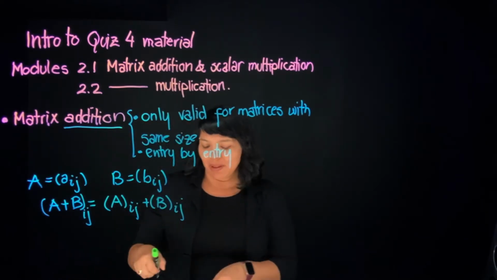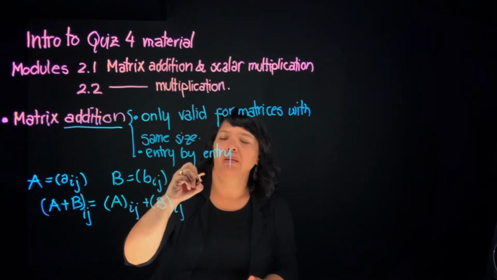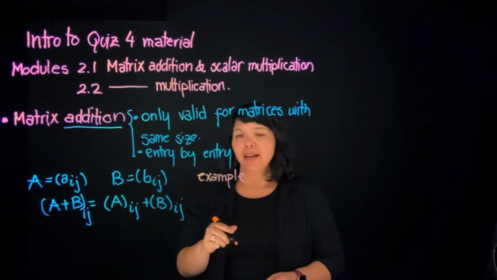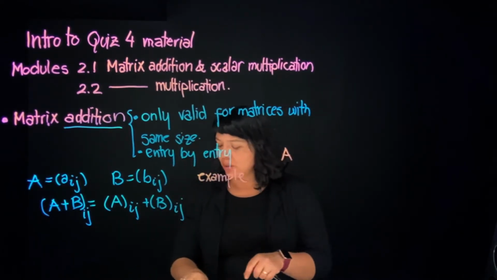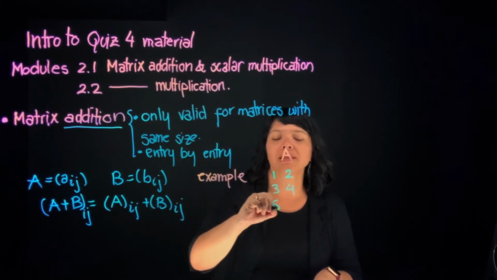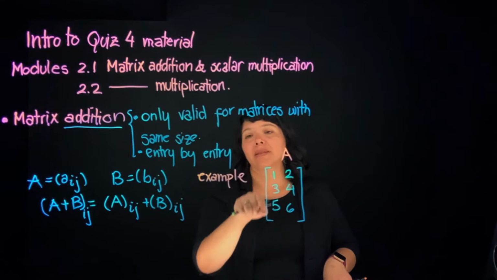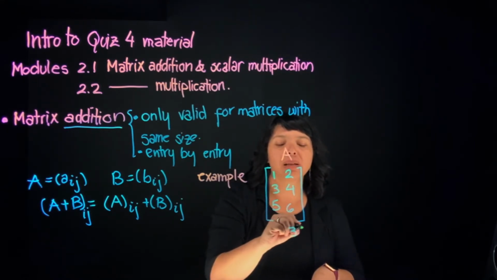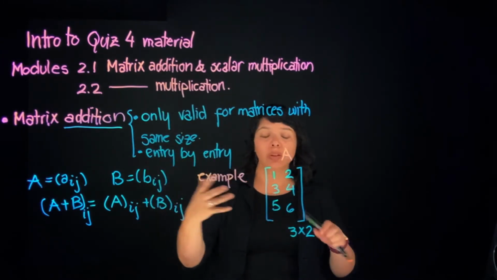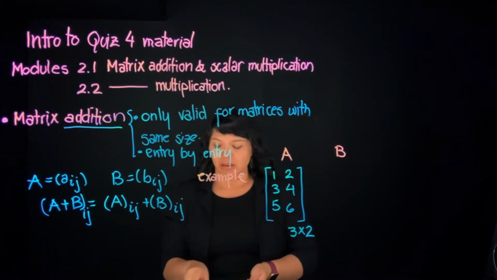Let me give you an example about this. My matrix A is going to be, let me just put a simple one, 1, 2, 3, 4, 5, 6. This is a matrix that has 3 rows and 2 columns, so this is a 3 by 2 matrix. If I want to add it to a matrix B, it also has to be a 3 by 2 matrix.